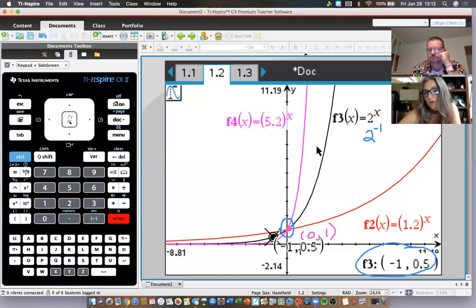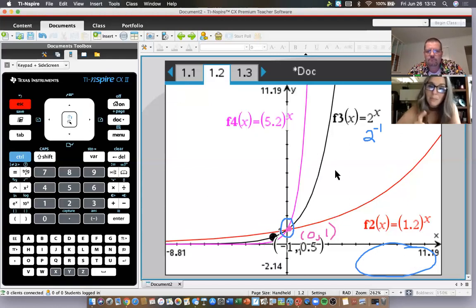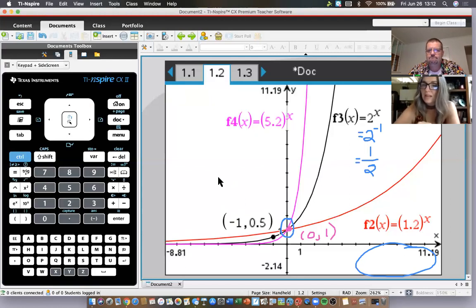The negative exponent is your reciprocal rule. And so this tells me to take the reciprocal of the base. So remember, the negative exponent doesn't make the base negative, it takes the reciprocal of the base. And then it takes whatever power is out there. So if it were -3, it would take the reciprocal, you'd get 1/2, and then you'd raise it to the third power.